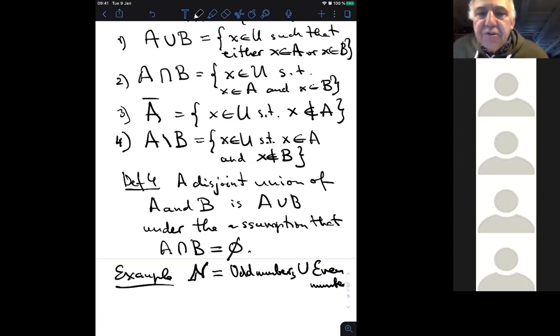So this is a disjoint union. And we can have more than two things forming a disjoint union. For example, well, a lot of things like a disjoint union.